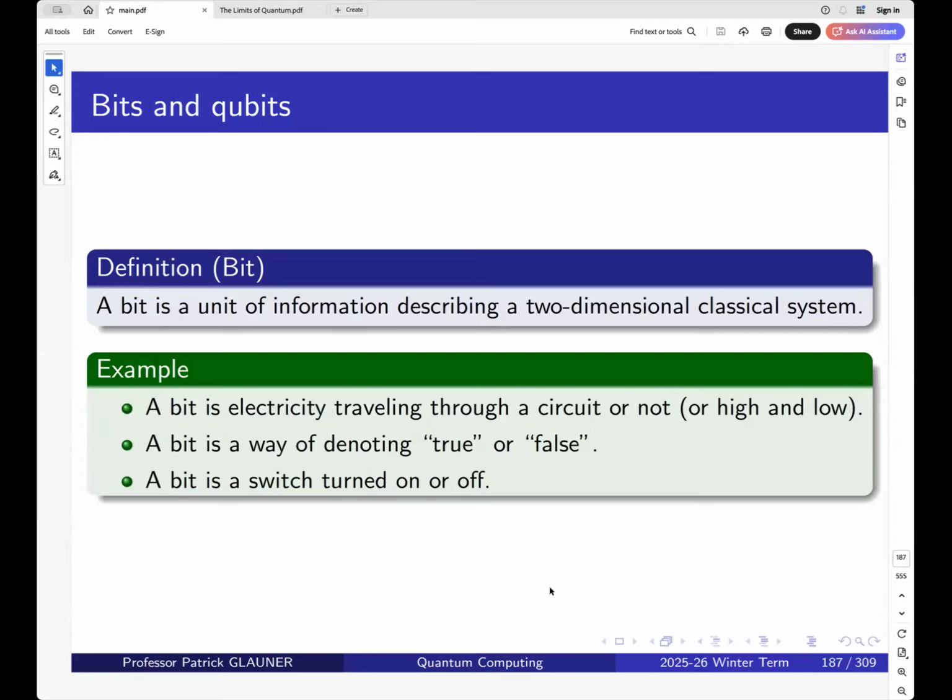If you see it from a logical perspective, a bit could also mean that some transistor is turned on or off, or if there's actually electricity traveling through a circuit or not, or at high or low voltage, whatever. So there are lots of interpretations of what a bit can actually mean.